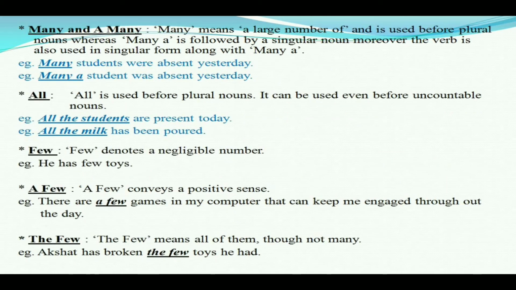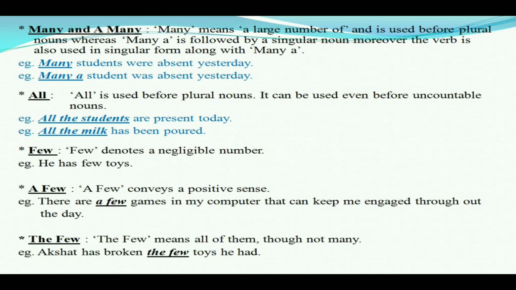Next point is many and many a. Students, please rectify this. This is many a. Many and many a. Many means a large number of, and it is used before plural nouns, whereas many a is followed by a singular noun. Moreover, the verb is also used in singular form along with many a. For example, many students were absent yesterday.